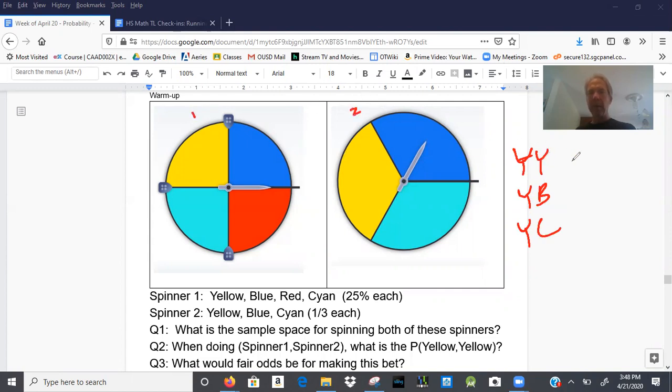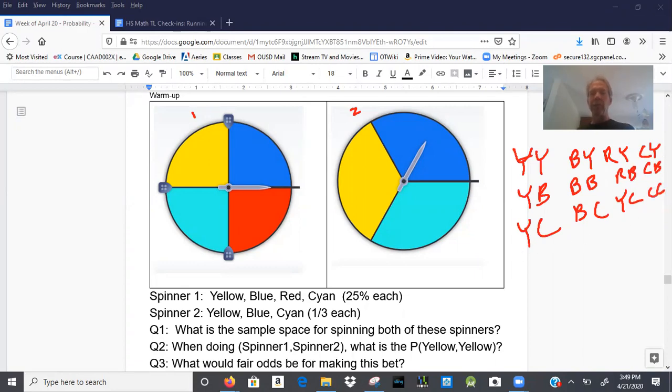And then maybe instead of hitting yellow on the first one, I hit blue on the first one. So blue, yellow is a possibility, or blue, blue is a possibility, or blue, cyan is a possibility. And similarly, red, yellow, red, blue, and red, cyan, and I'm running out of space. What's our last color? Oh, we can do cyan, yellow, cyan, blue, or cyan, cyan.